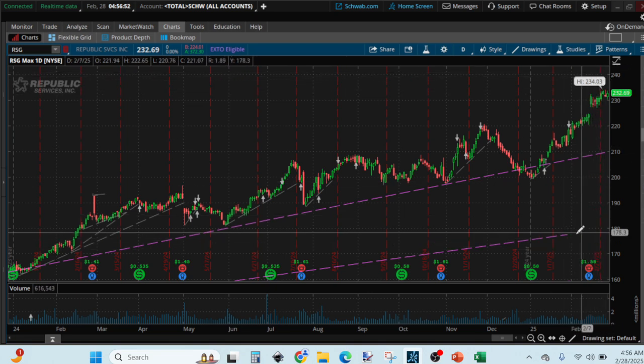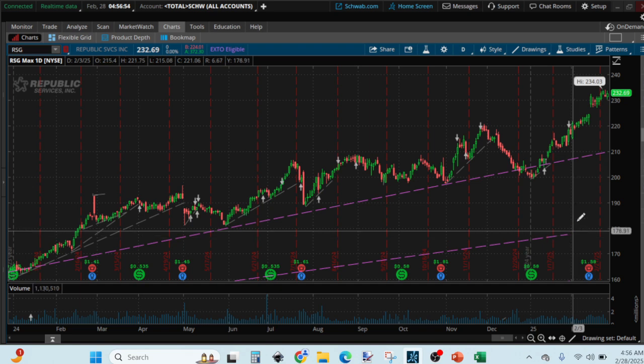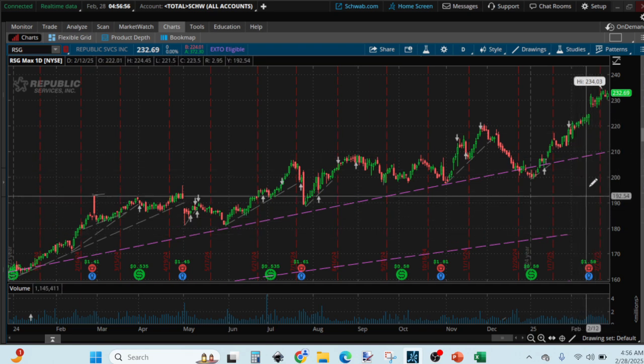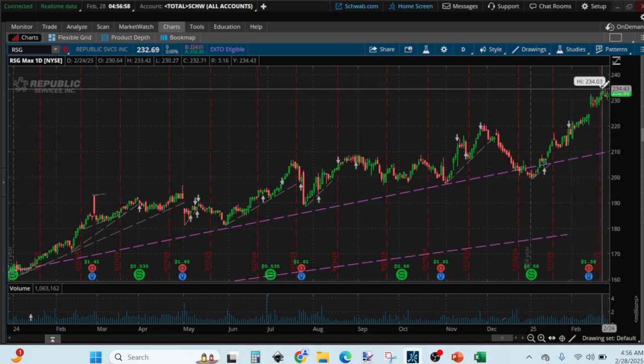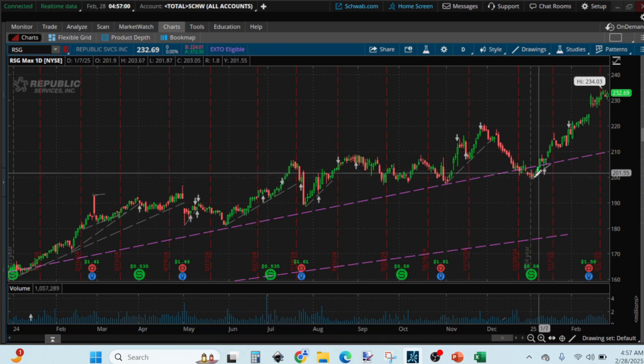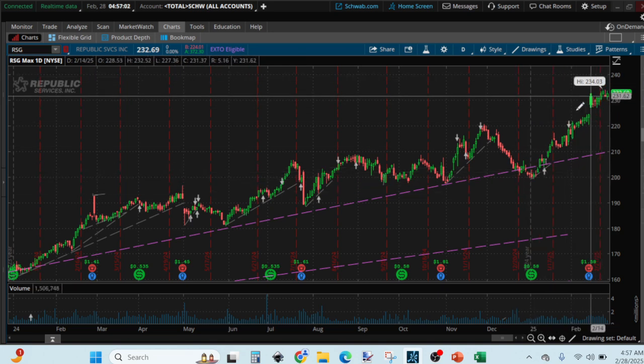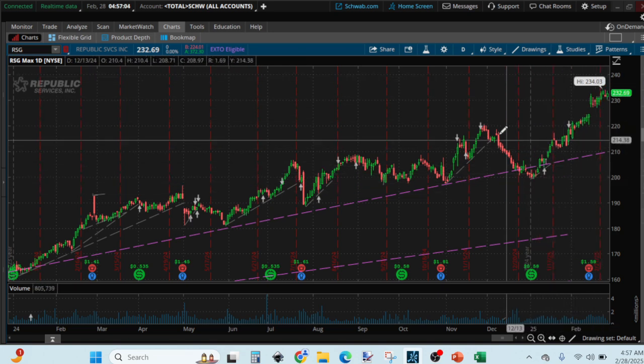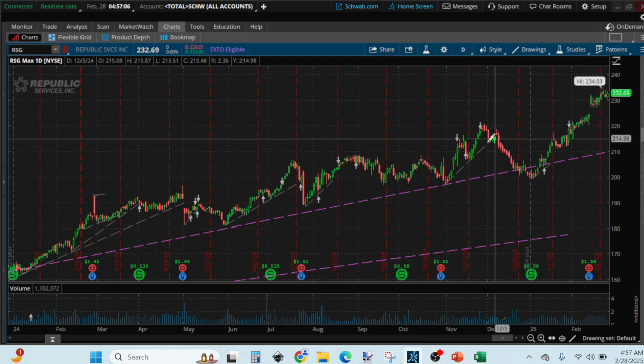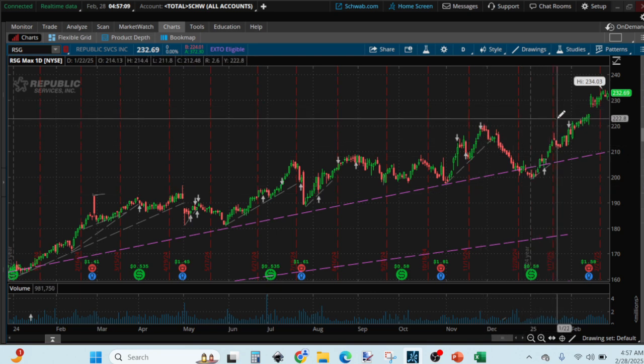So if you buy at a low uptrend line, you will accumulate a profit before it reaches a new high. But if you buy at a trend line that is close to the previous new high, once it surpasses that previous new high, it will reach a new high.